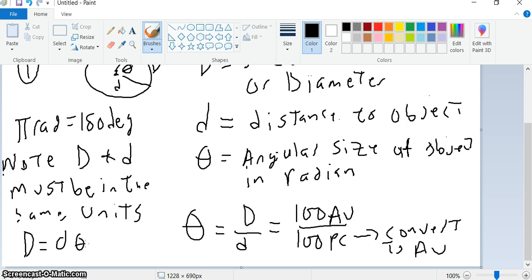So they give us this information. They say that this nebula is 100 astronomical units, and it's 100 parsecs away. So that's the relationship, but of course, big D and little d have to be in the same unit. So we'll convert little d from parsecs to astronomical units.